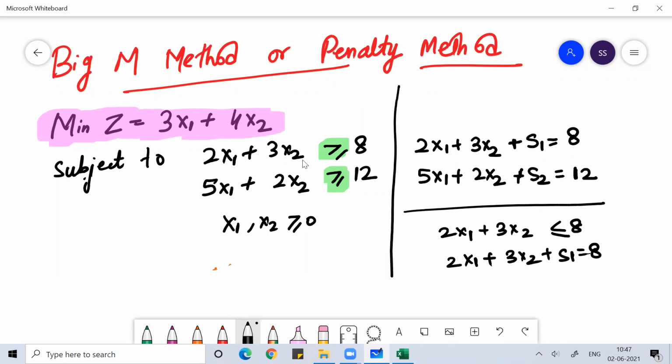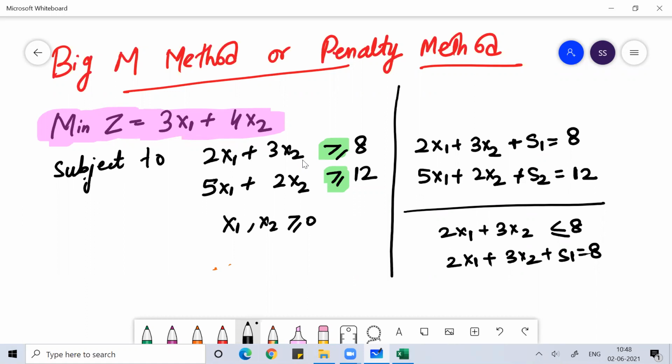I hope you remember. In earlier cases, 2x1 plus 3x2 was either equal to 8 or less than 8. If it was equal to 8, then the dummy variable s1 was equal to 0. While if it was less than 8, then how much less than 8 was s1.